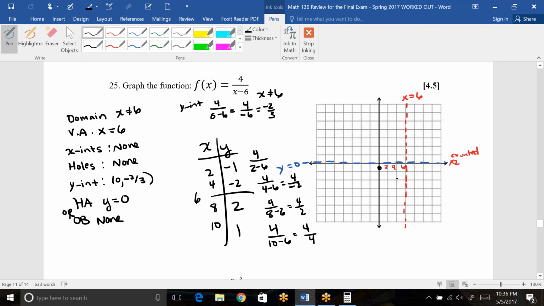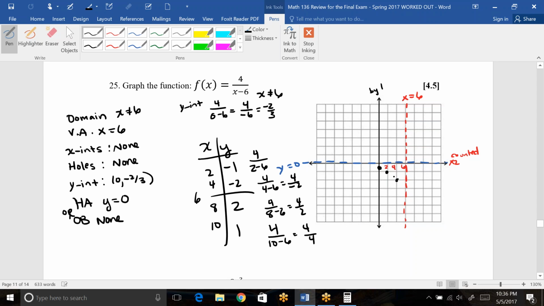So 4 was at negative 2, which I counted by 1's on the y-axis. You can do that as long as you're consistent all the way across the axis and then consistent all the way down the y's. And then 4, negative 2, 2, negative 1.